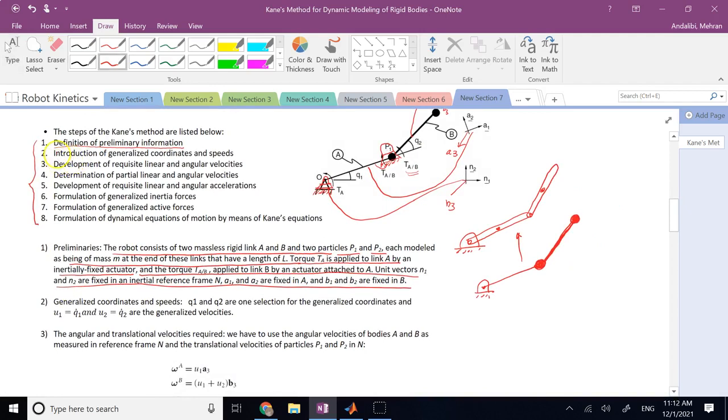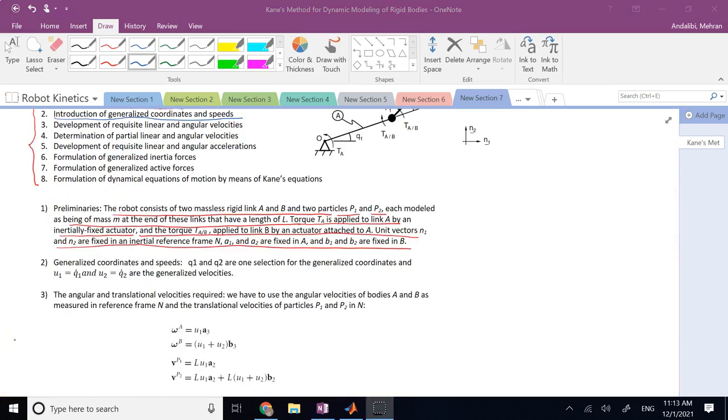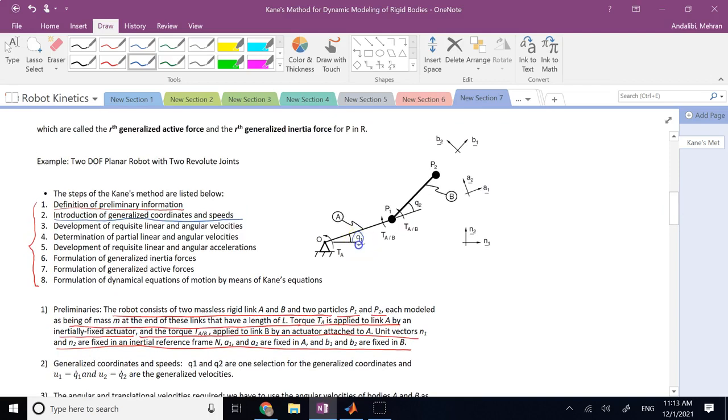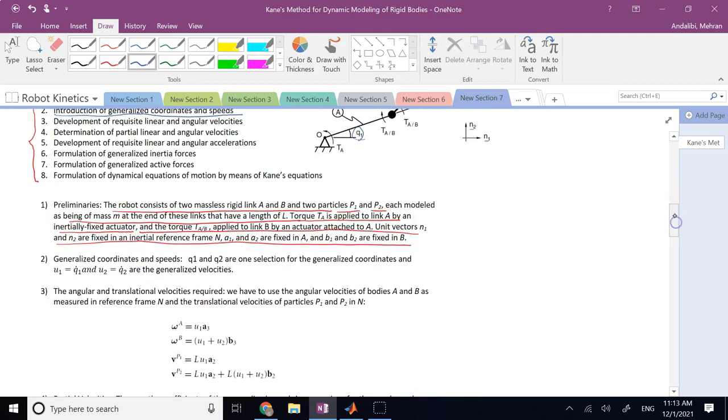Step number 2 is what generalized coordinates and what generalized speeds you are going to use. Here we distinguish between speed and velocity. When we say generalized coordinate and generalized speed, the generalized coordinates, just like in Lagrangian, are Q1 and Q2, the two that best describe the degrees of freedom in the system.